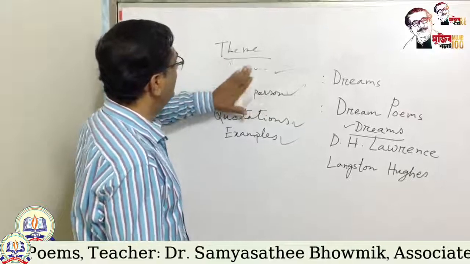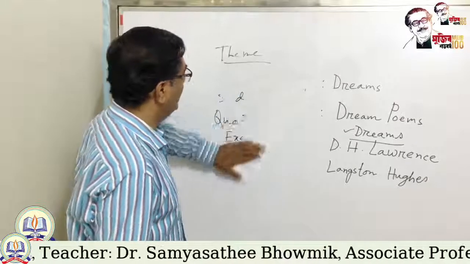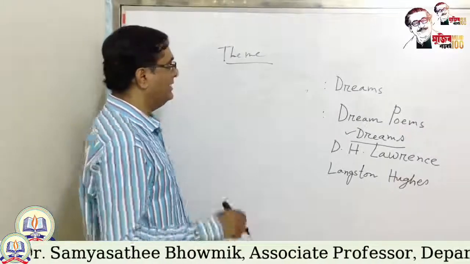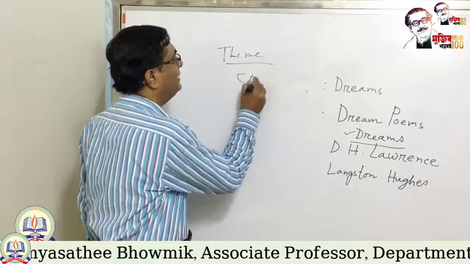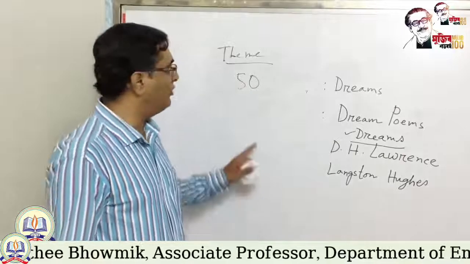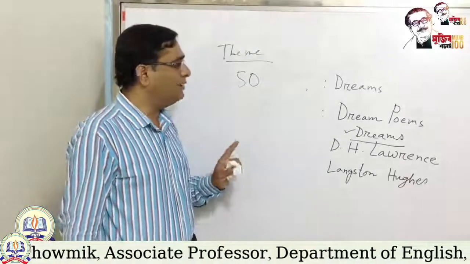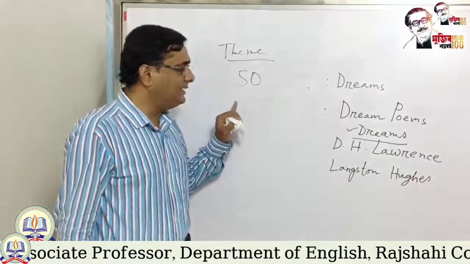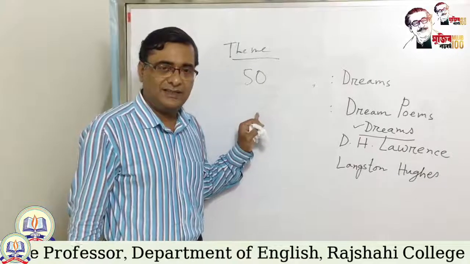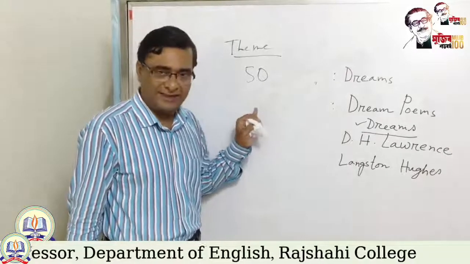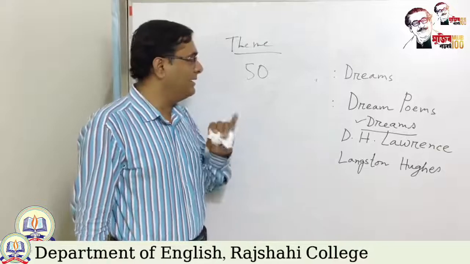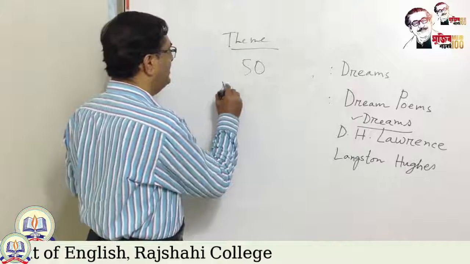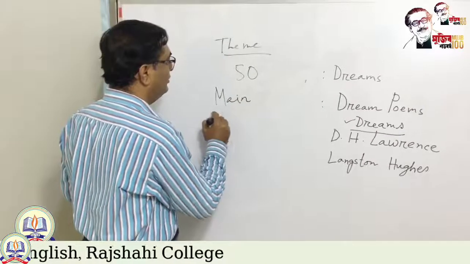In what sense? In the case of theme writing, your length has to be short. It is always suggested that theme writing be completed within 50 words. Don't cross 50 words. But the basic difference between theme writing and summary writing is this: whether you are writing a theme on a text, a passage or a poem, remember that you have to focus on the main idea, the main theme.